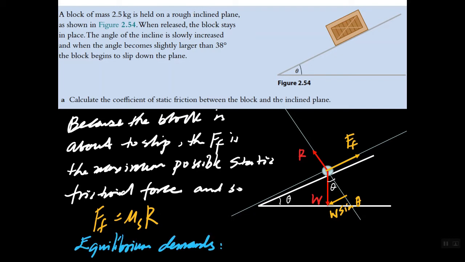As the block is about to slip, the resultant force in X component equals 0. And X component implies here the axis parallel to the inclined plane.